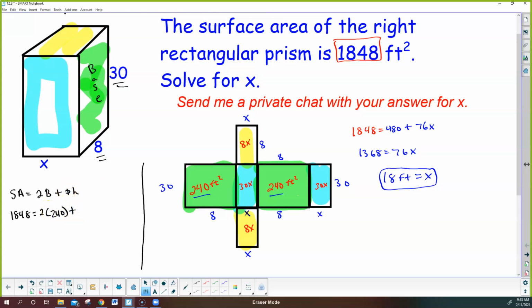The P was the perimeter, so it's adding up 8 plus 30 plus 8 plus 30. Now notice, where does that come from? That's the 76 that we had before. And now the height isn't how tall it is, it's what I call the distance between the bases. And once we solve this, notice, algebraically, this is the exact same thing that I had here.